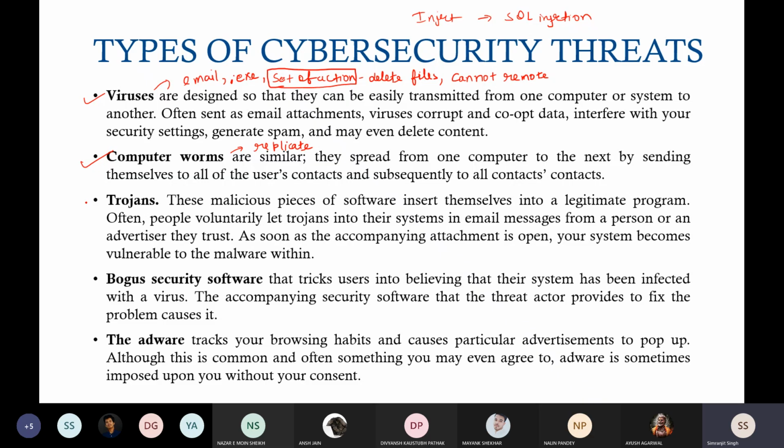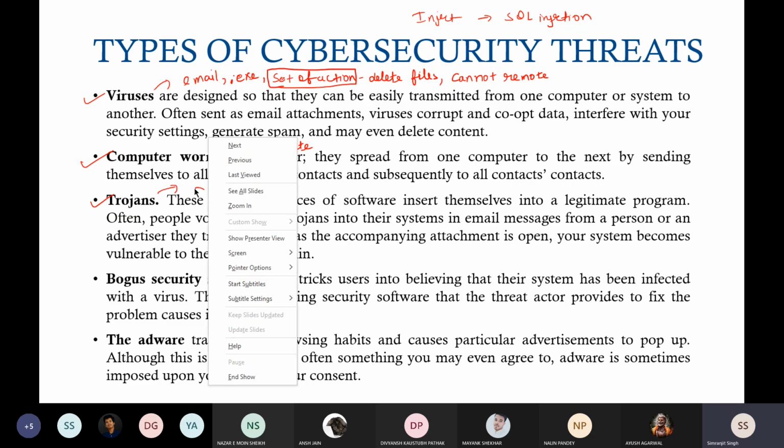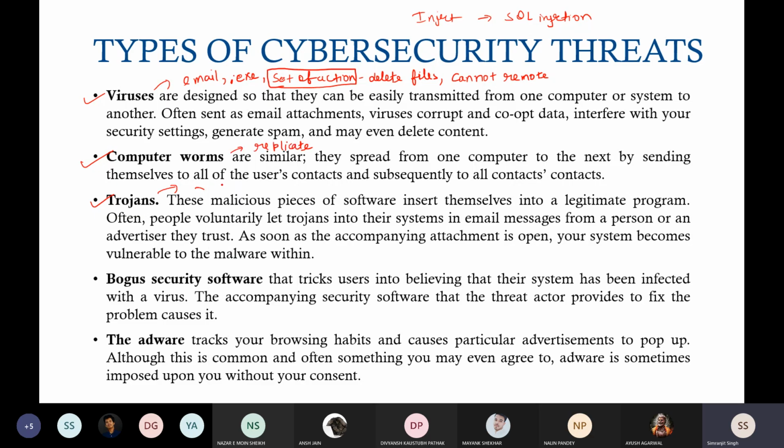So what is a Trojan? I think if you have seen a film, a movie, I think the name was Troy. In this, they send a horse. There are two tribes that are fighting.